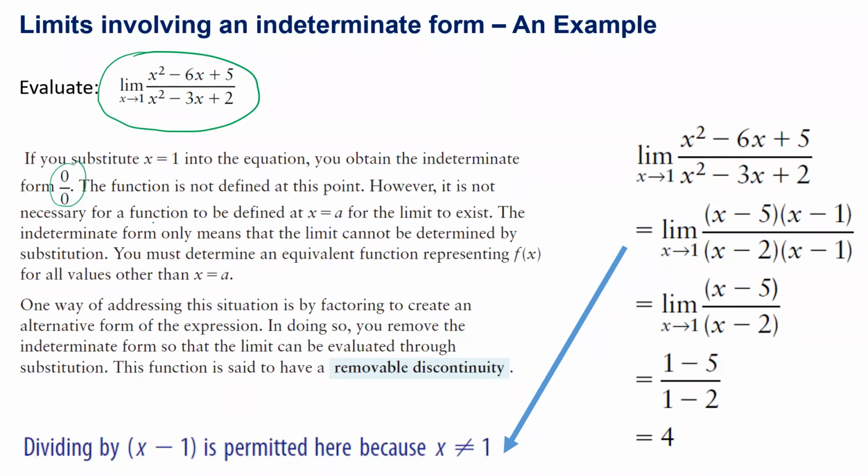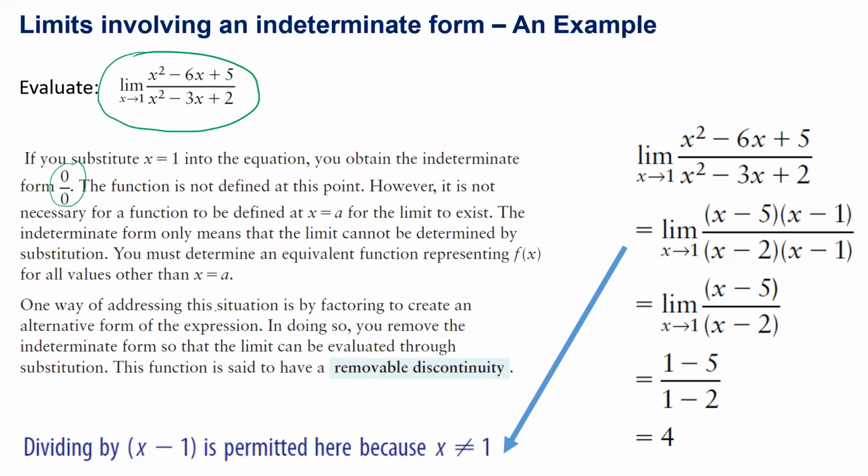However, it is not necessary for a function to be defined at x equals a for the limit to exist. The indeterminate form only means that the limit cannot be determined by substitution. We must determine an equivalent function representing the original for all values other than x equals a.